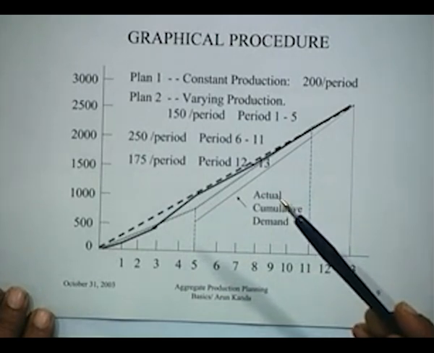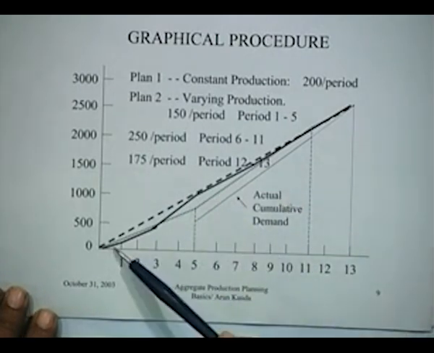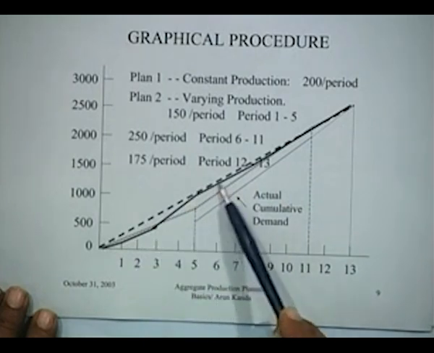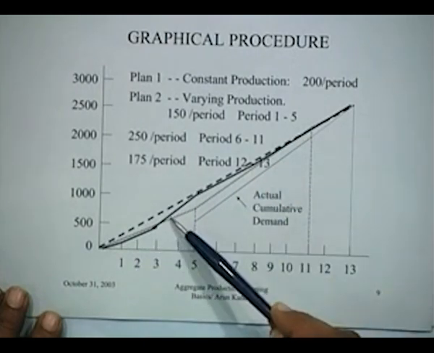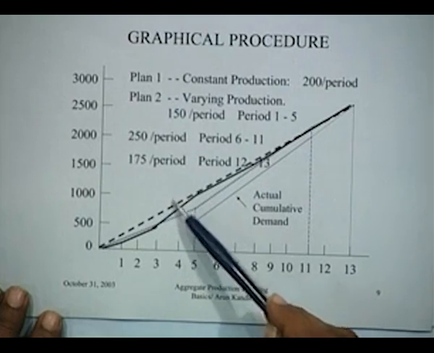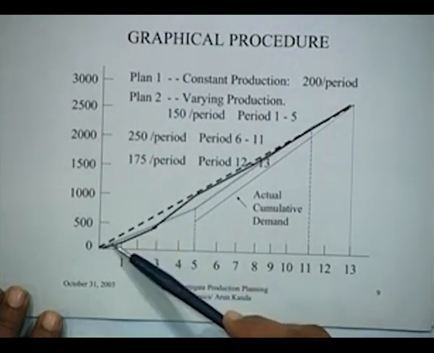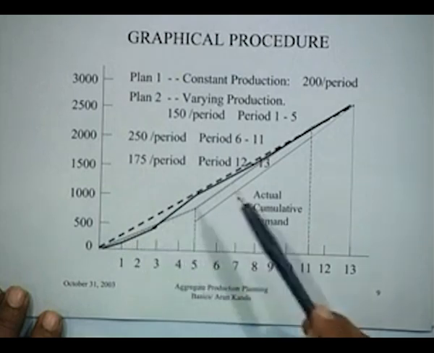So, if you produce exactly as per plan, what will happen? Your cumulative production will exactly follow this, and you will neither be carrying inventories nor will there be a shortage, but the kinds of costs that you will involve are the cost of changing production rates every period.